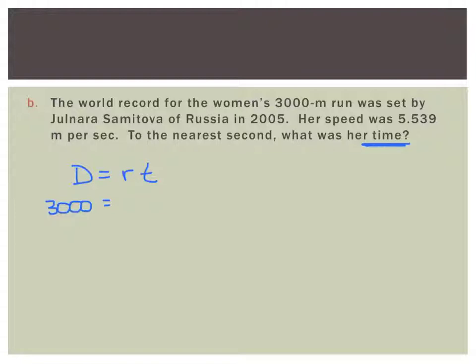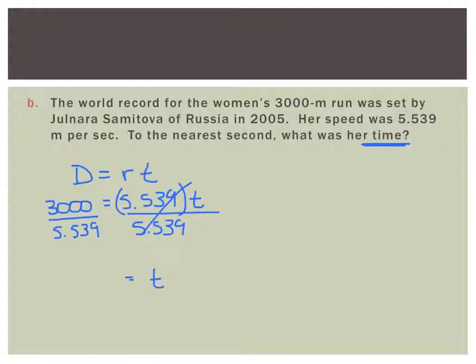The rate, the speed, is 5.539. And we're looking for t. So to find t, we'll just divide by 5.539, and that comes out to 541.6, and it says to the nearest second, so about 542 seconds is the time.